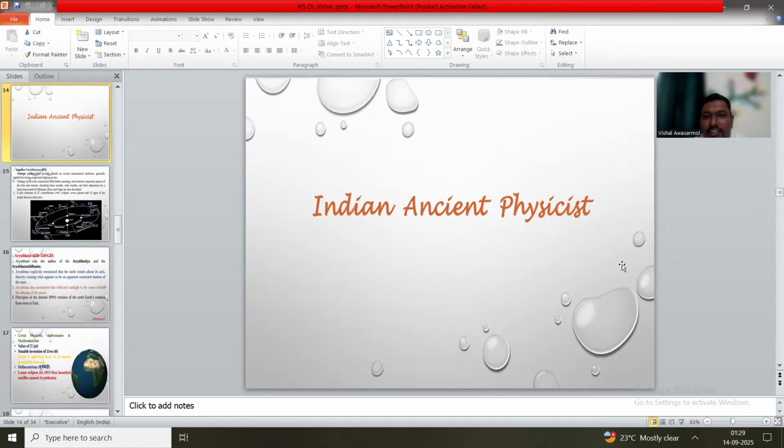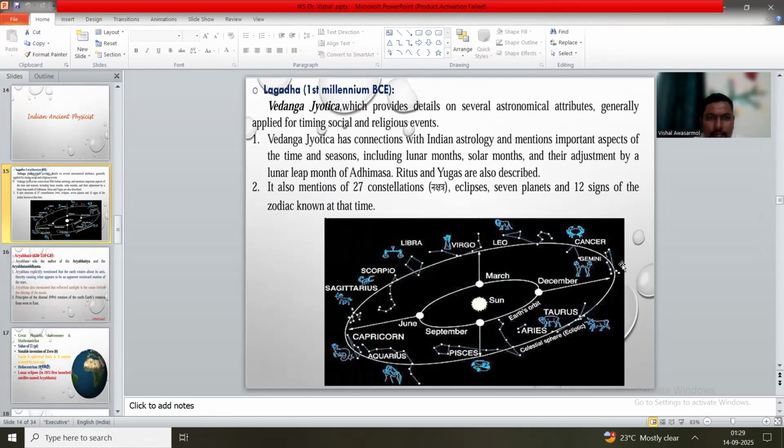Now we see the Indian ancient physicists. First we see Lagadha in the first millennium BC. In Vedanga Jyotisha, which provides details on several astronomical attributes generally applied for timing social and religious events. Vedanga Jyotisha has a connection with Indian astrology and mentions important aspects of time and season, including lunar month, solar month, and their adjustment by a lunar leap month, Adhimasa.